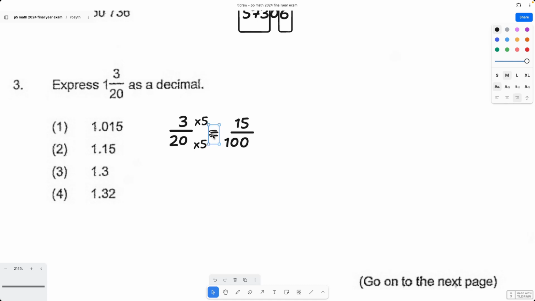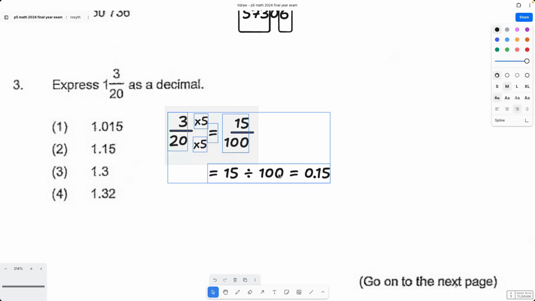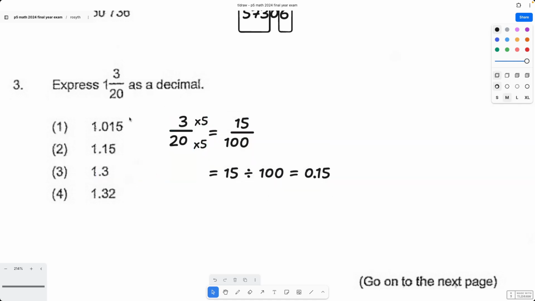So 15 out of 100 is basically 15 divided by 100, and this is 0.15. So in this case, 3 out of 20 is 0.15.